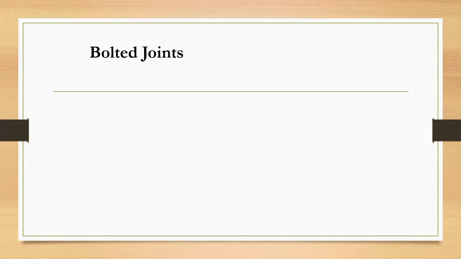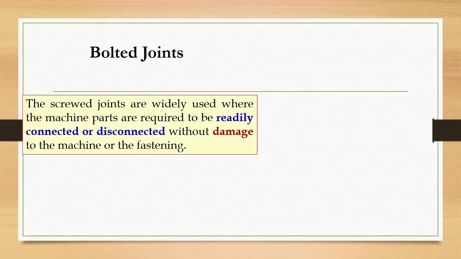So, bolted joints are generally, if you have seen bolts, these bolts generally have threads, and these threads are generally machined on a cylinder.